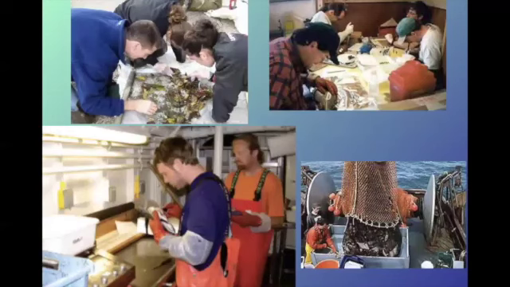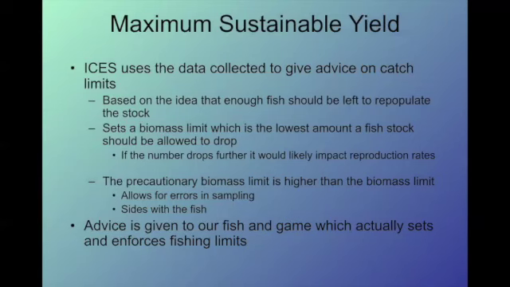This is scientists doing that. If you want to be a biologist or a marine ecologist, one of the jobs you can get is to be on a boat doing population estimates, and then ensuring that what the fishermen are catching is of the proper size, proper gender, proper species. Maximum sustainable yield is that number as far as what we can catch before we decimate the population.